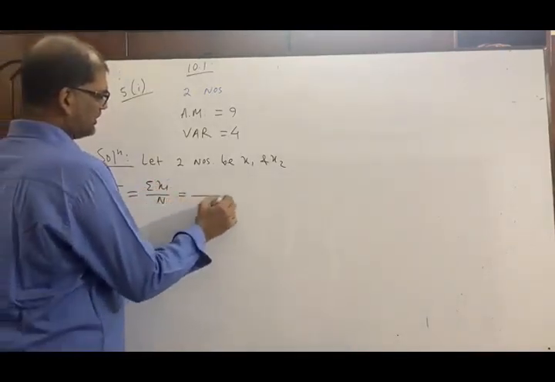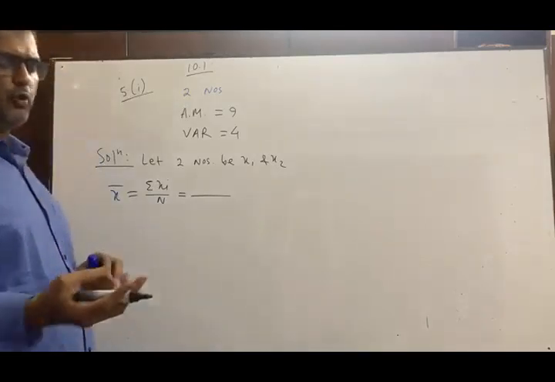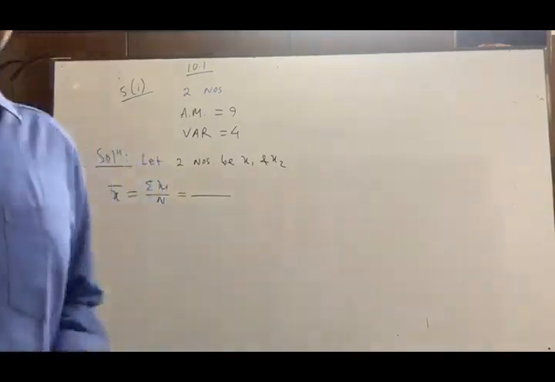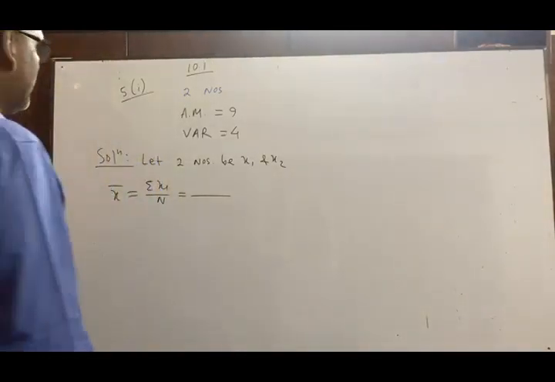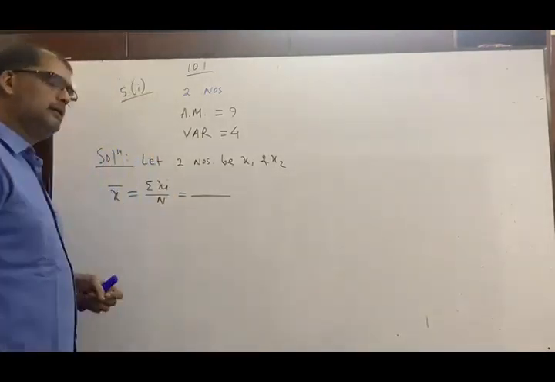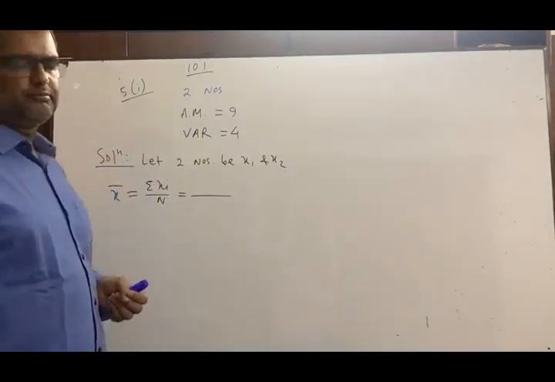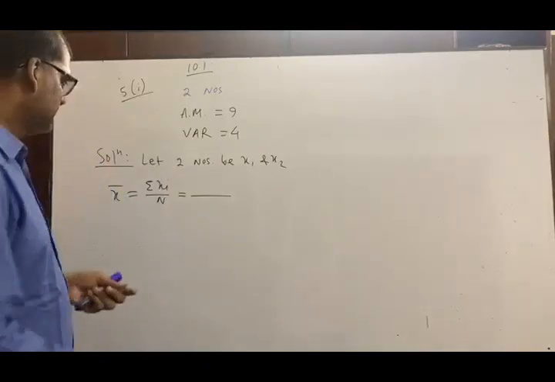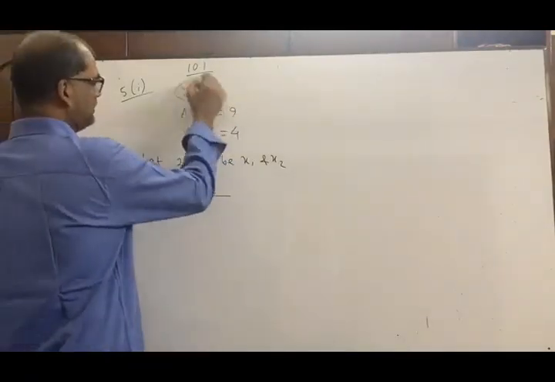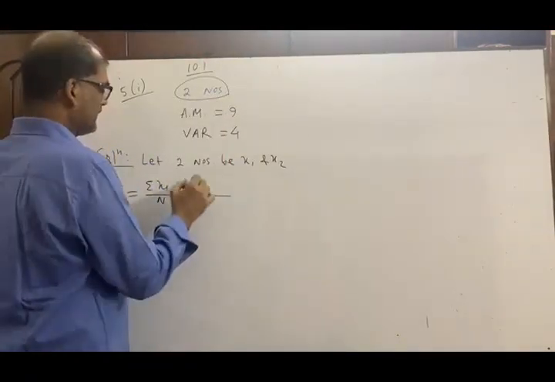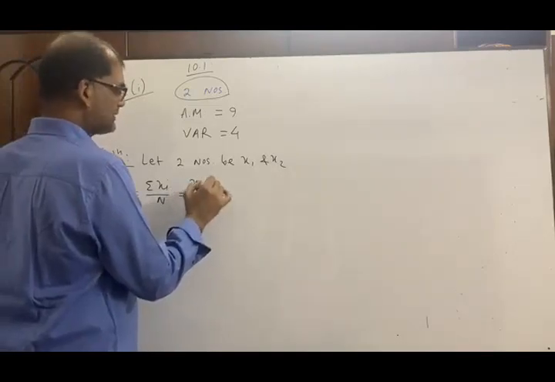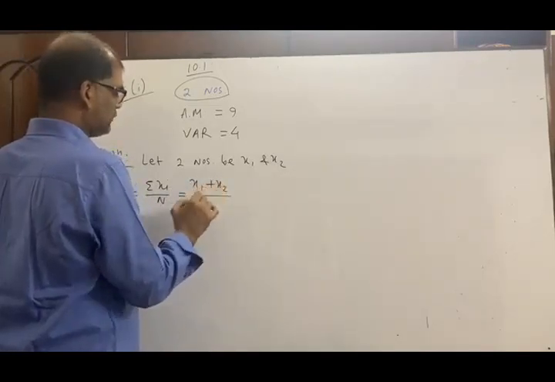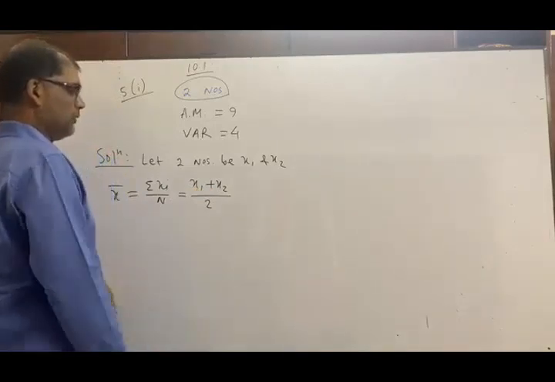Xi means i equals to 1, 2, 3, 4 like this up to n, I told you. But here i lies from 1 to 2. That means there are two numbers here. So it can be written x1 plus x2 by 2. Okay?